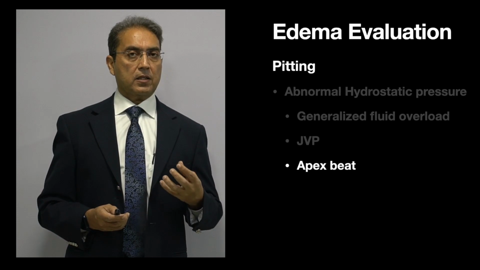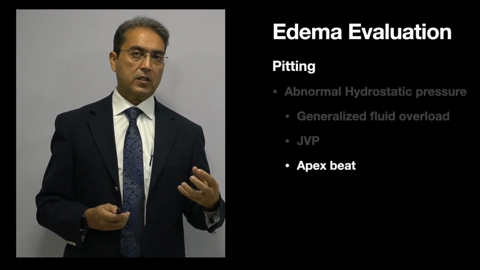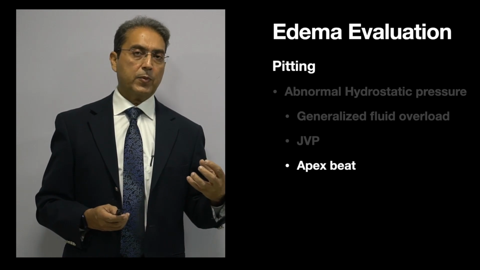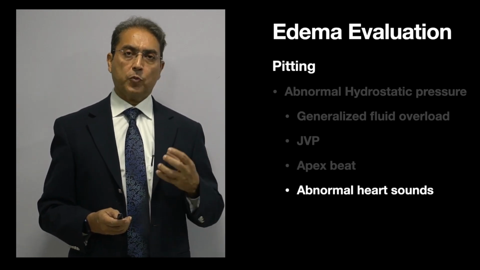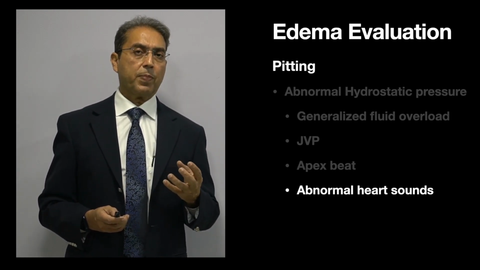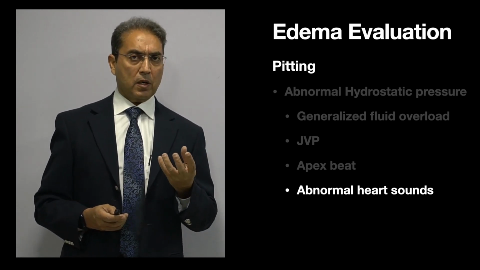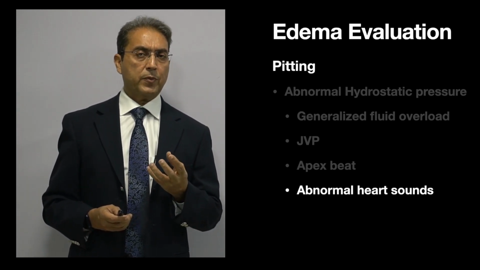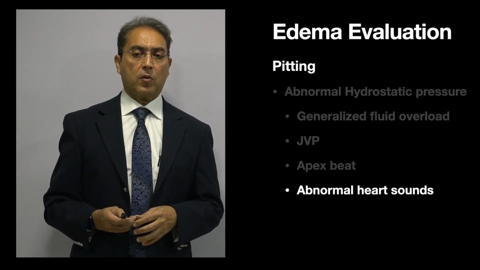And you may find that there is a displaced apex beat because of the heart failure. The heart is enlarged, the apex may be displaced, and then you may have abnormal heart sounds. For example, you may hear a third heart sound or a galloping heart sound indicating heart failure. There may be other sounds, for example, some of the murmurs which may indicate that the underlying valves are abnormal.